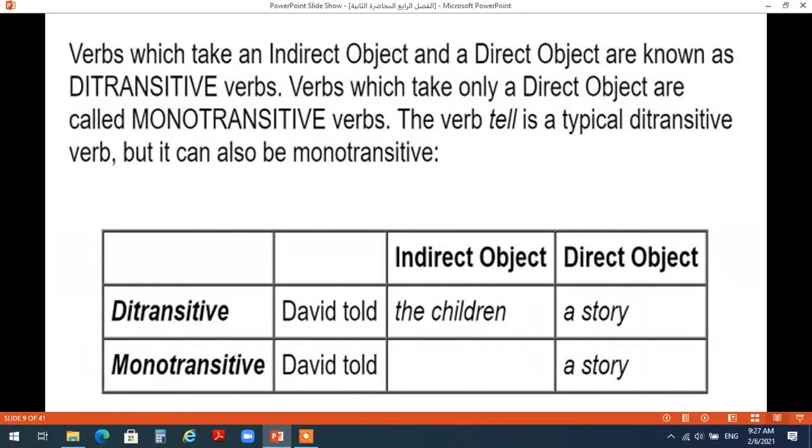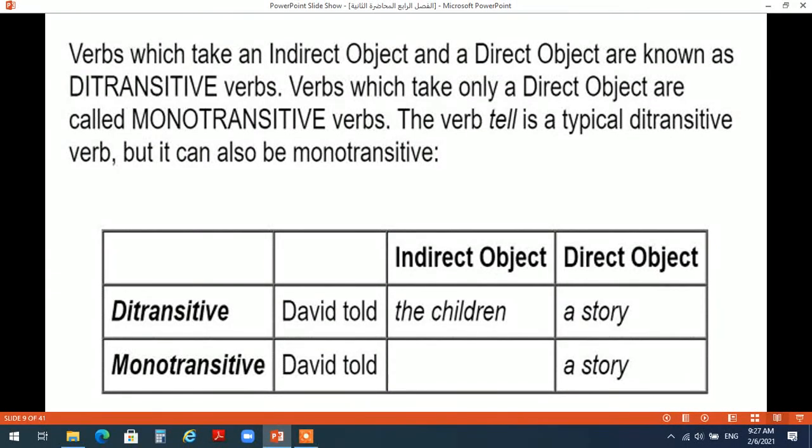As you see here, we have two examples using the same verb, which is the verb told, but in the first sentence it has been treated as a diatransitive verb. As you see, David told the children a story. Here the verb told is diatransitive because there are two objects in this sentence. We have the children, which is the indirect object, and we have a story, which is the direct object.